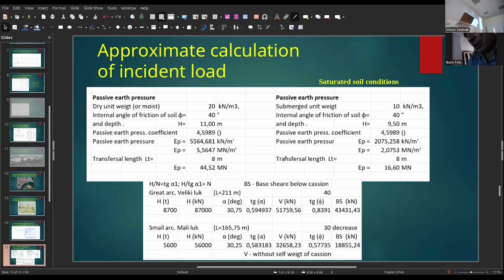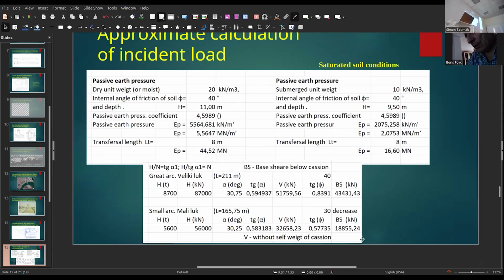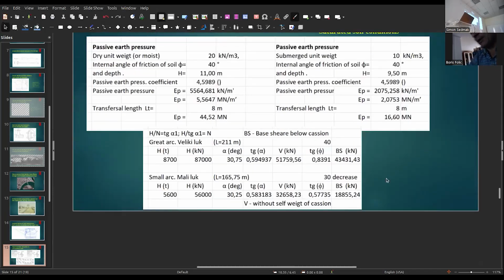For the small arch, the base shear is 11, 12, 9, 10. Oh, but that is without the self weight of the caisson.